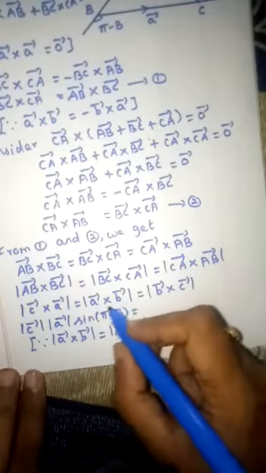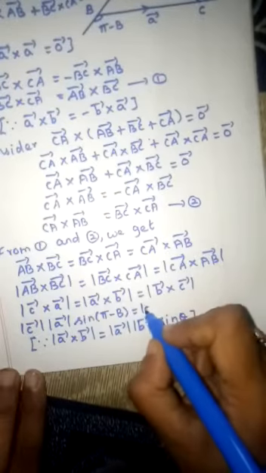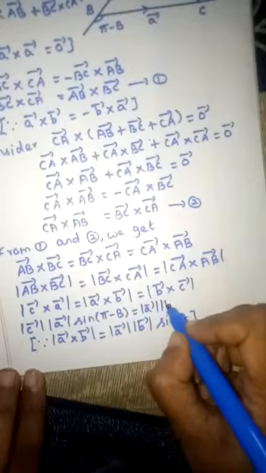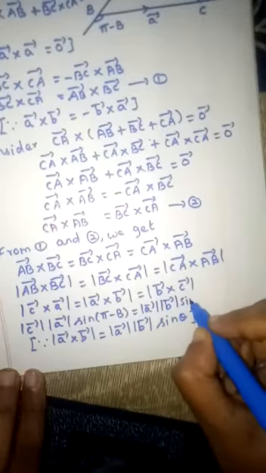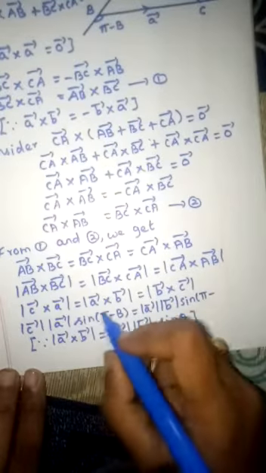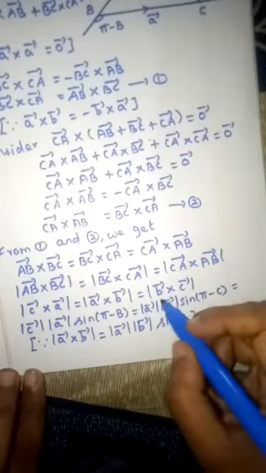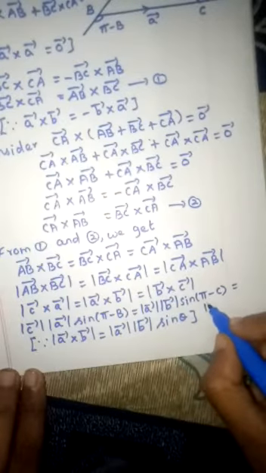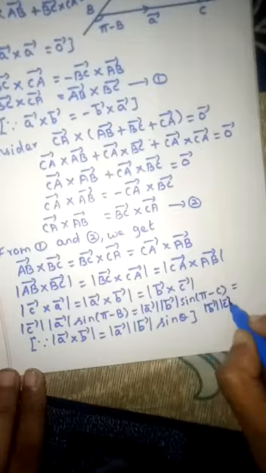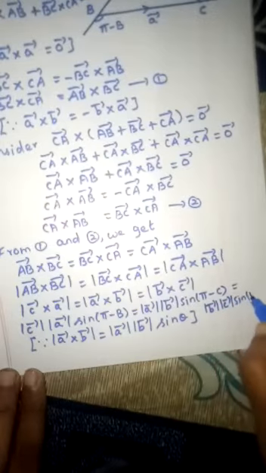Same way you can write the other two. So it is modulus of A vector, modulus of B vector, sine of pi minus, here which is missing, C. So we will get C. Then, which is equal to, same way for this, modulus of B vector, modulus of C vector, sine of pi minus, here which is missing? A is missing.